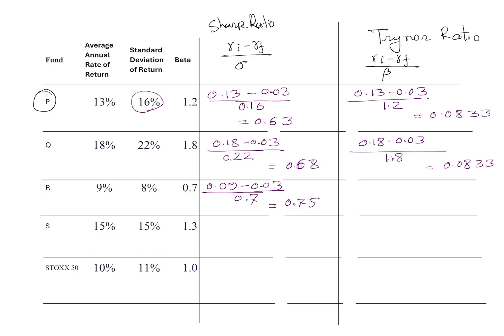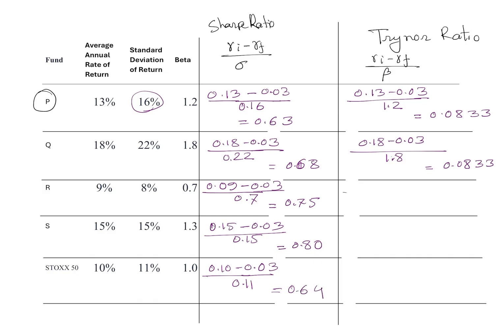For S, this one is 15%, so 0.15 minus 0.03 divided by 1.5, and this is 0.80. For the Euro Stocks 50, this one is 10%, so 0.10 minus 0.03 divided by the 11% standard deviation will give you 0.64.